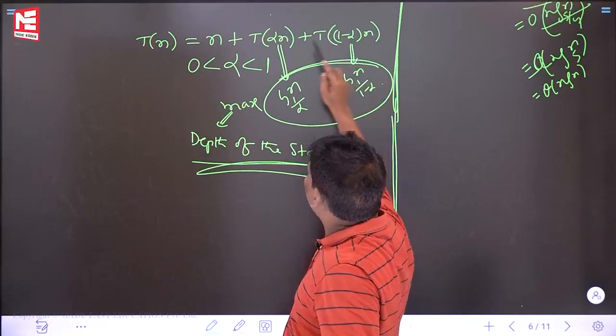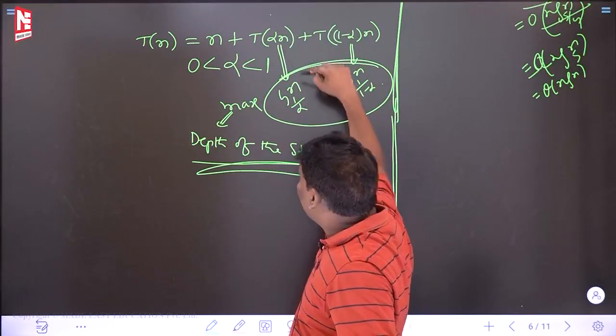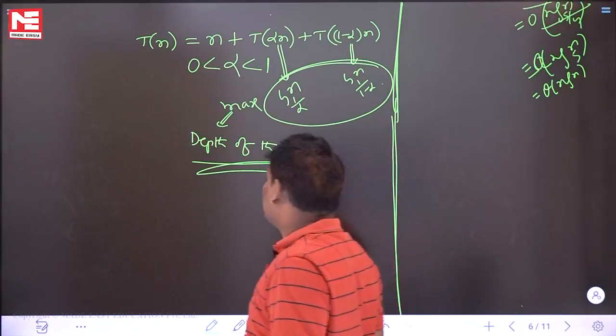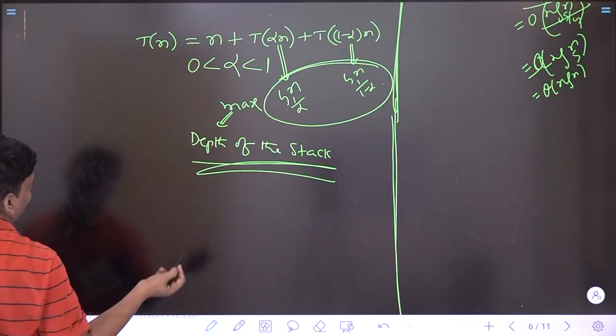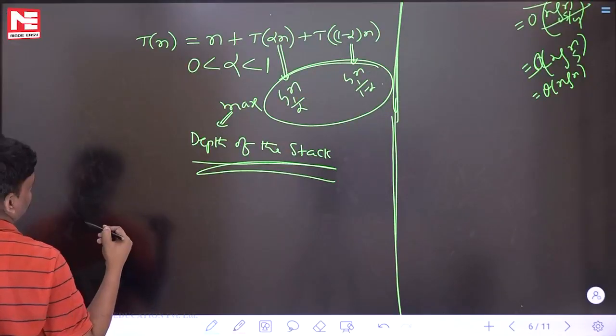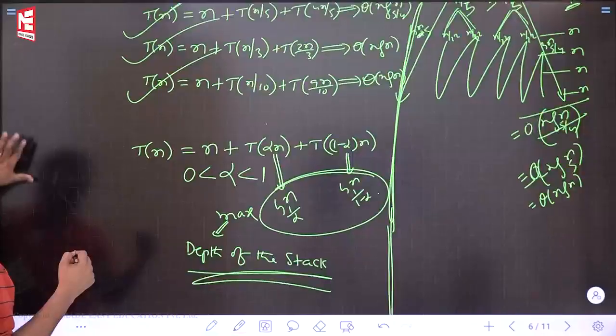What is the meaning of fraction of n? Alpha n one side, and the remaining is the other side. Then quicksort will give best case or average case, which is n log n.